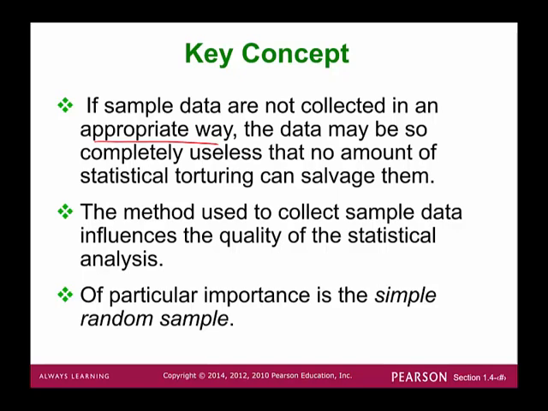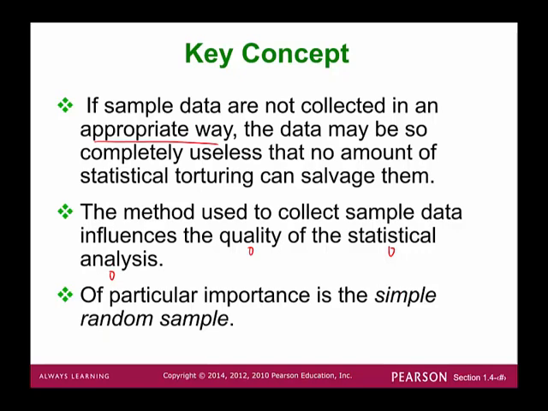So basically, you cannot use the data coming from a sampling method that is not proper. The method used to collect sample data influences the quality of the statistical analysis. So the quality of the sample data is crucial to have a successful statistical analysis and come up with a proper conclusion.